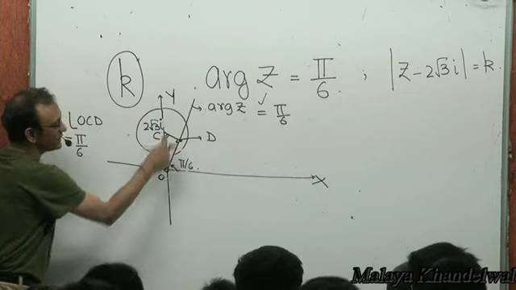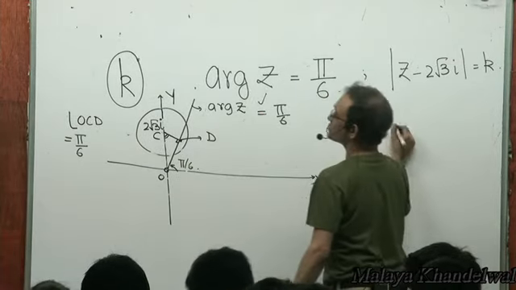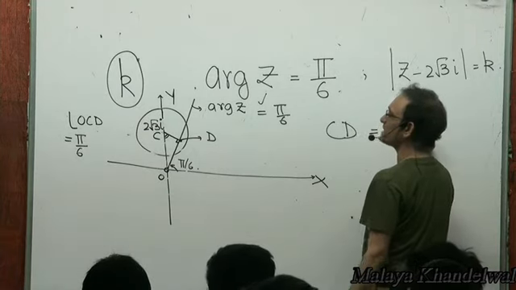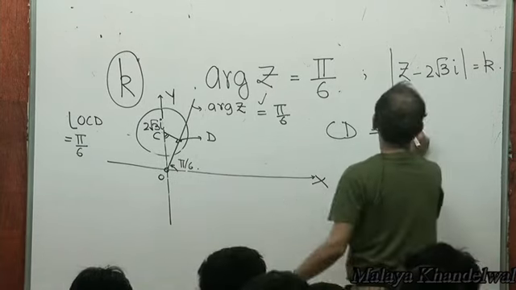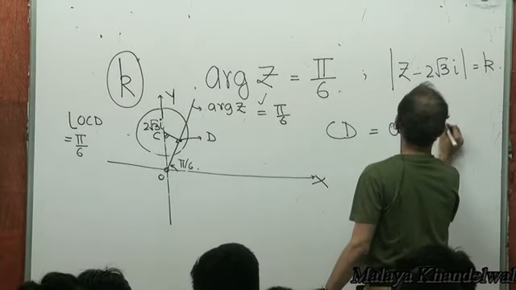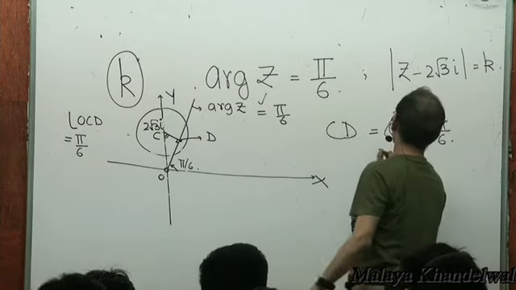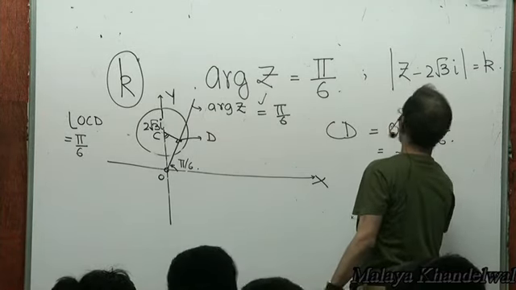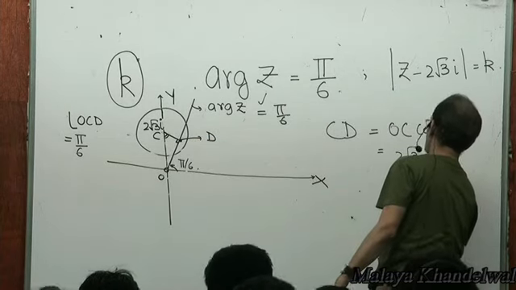Then, what is CD? CD is OC cos pi by 6, yes or no? OC is 2 root 3. Cos 30 degrees is root 3 by 2, so CD is 3.